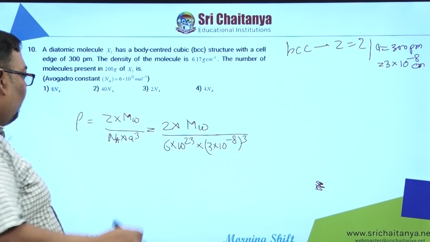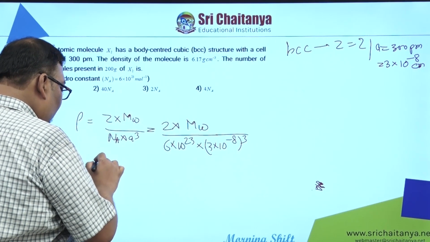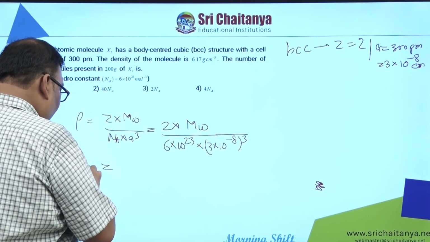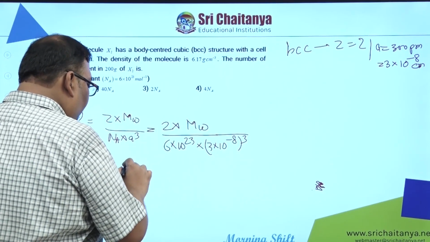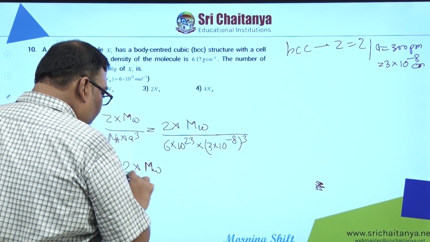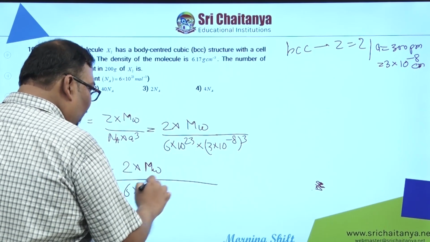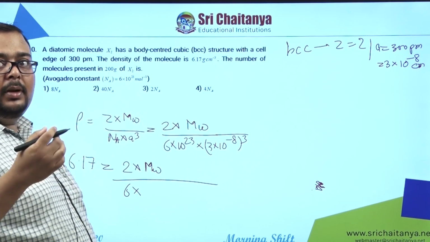Now you see when we are solving it, the value of rho is given to be 6.17. So I can write 6.17 is equal to 2 into MW by 6 into 10 to the power 23, and 10 to the power minus 8 to the power 3 will be 10 to the power minus 24.